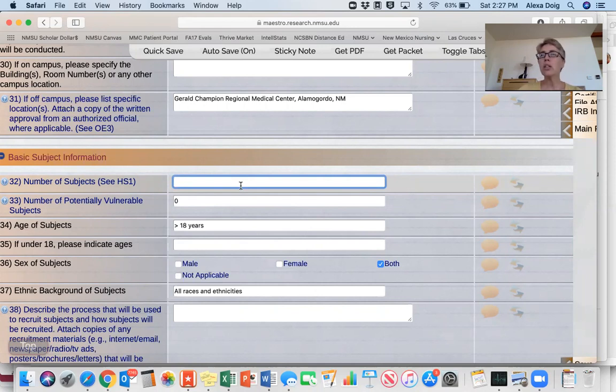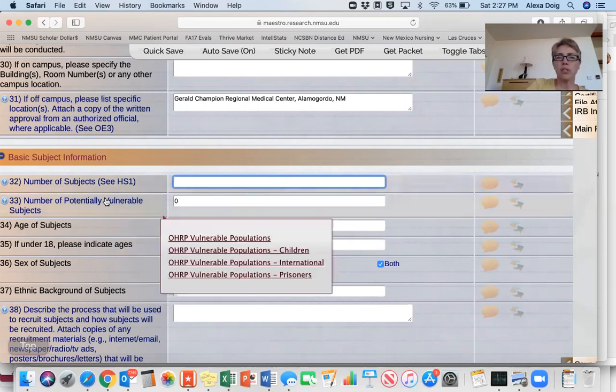If you are only looking at system level data and you're just getting aggregate data, like the monthly UTI or CAUTI rates, 3 months before and 3 months after, it's totally aggregate, then you can put not applicable, no subjects, as long as there's nobody that you're collecting data from. In that case, you may be doing something with the staff, so then you put the number of staff that you're interacting with.